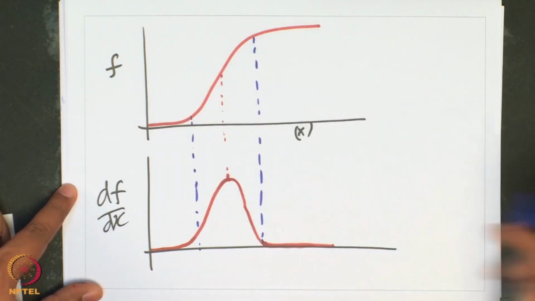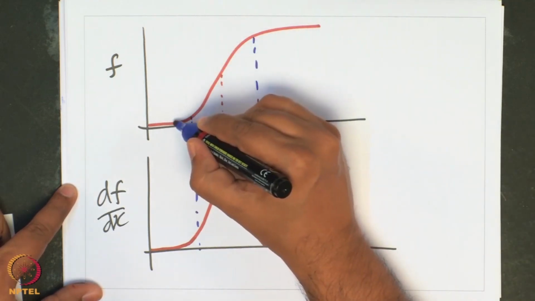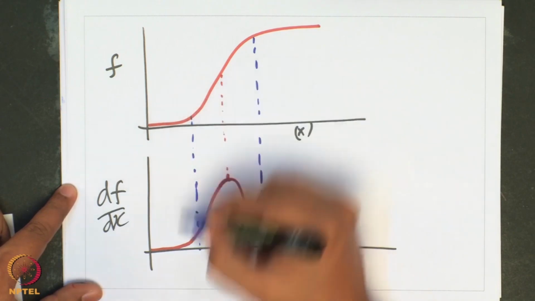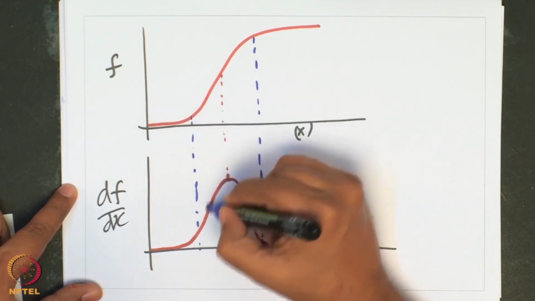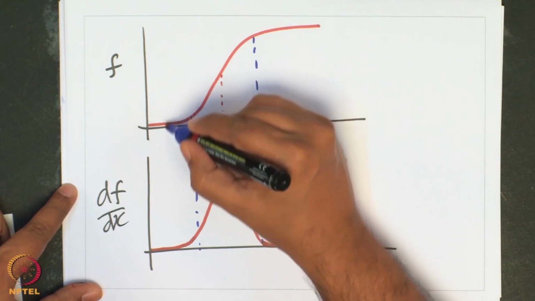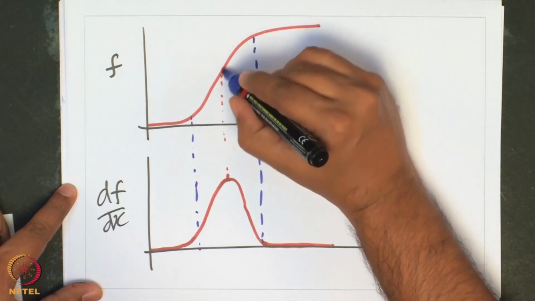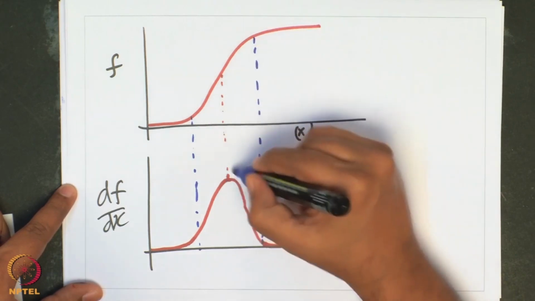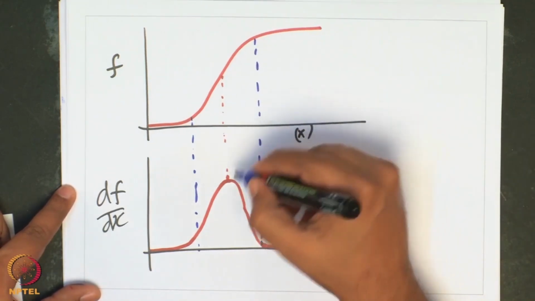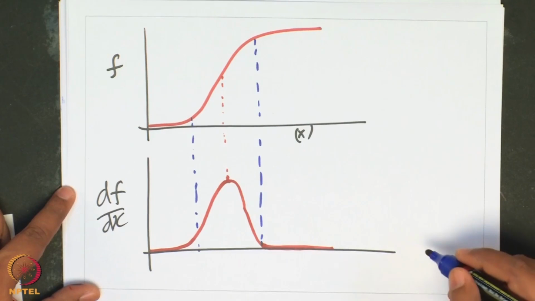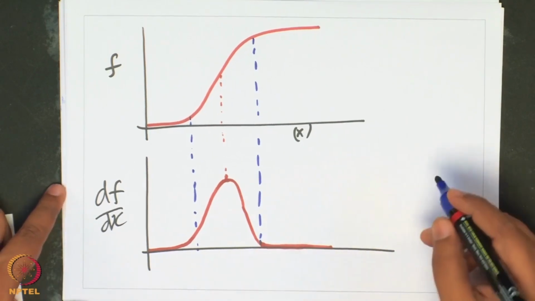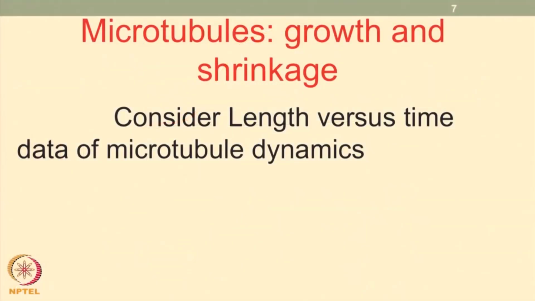So note here, it is slowly increasing from 0 to a positive number. Similarly, slowly decreasing. So here the slope is slowly decreasing. Somewhat like here also this curve will come down. So this is the idea. Now let us go to the next example.